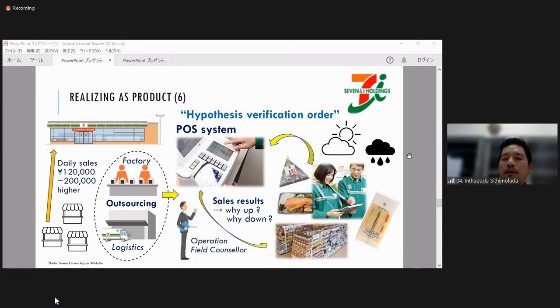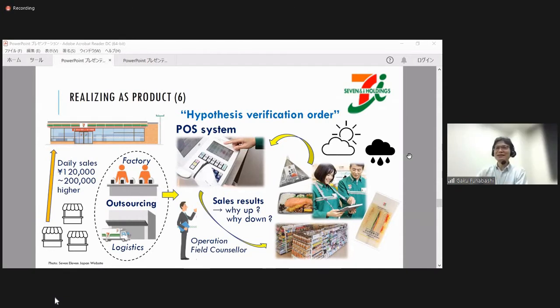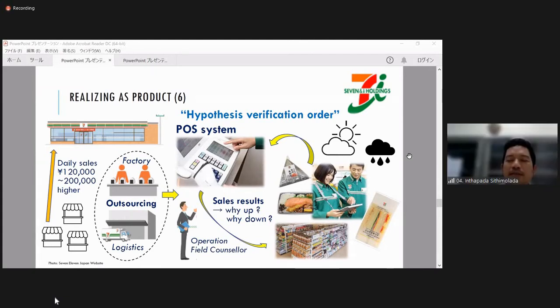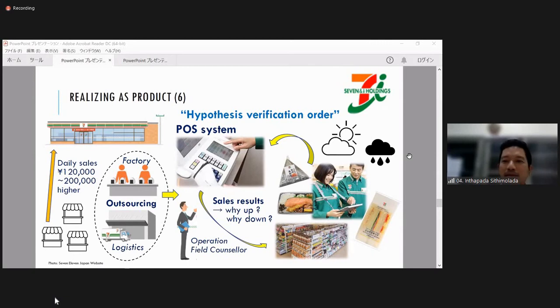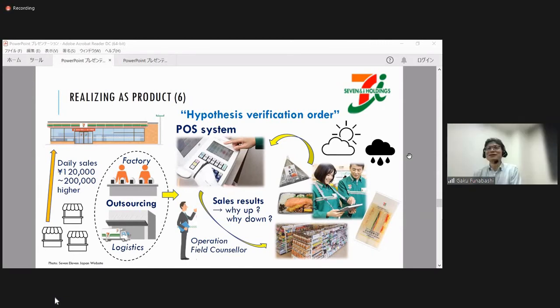It's not under the Japanese company anymore. They got the license from the Japanese company. Just for the license, not sharing the profit, but just paying for the license.